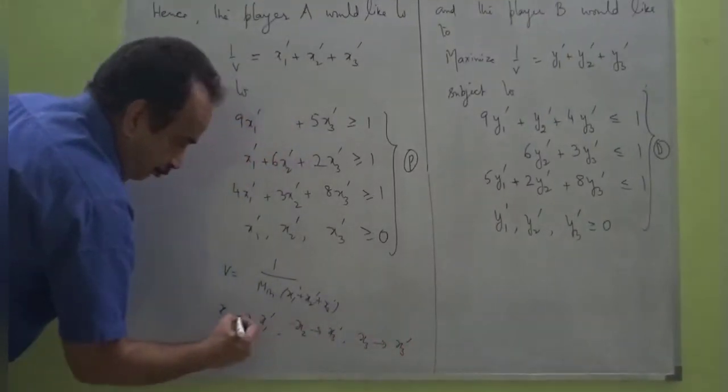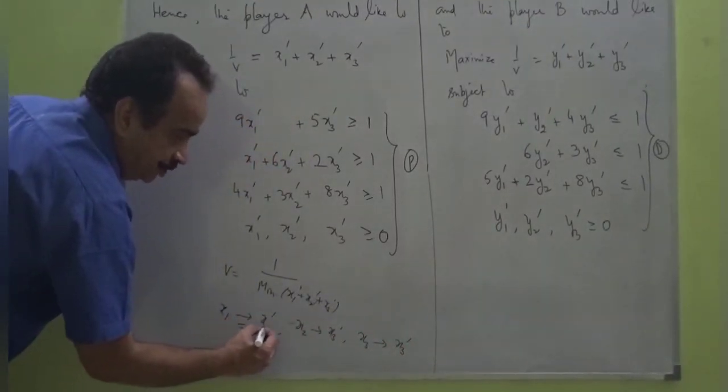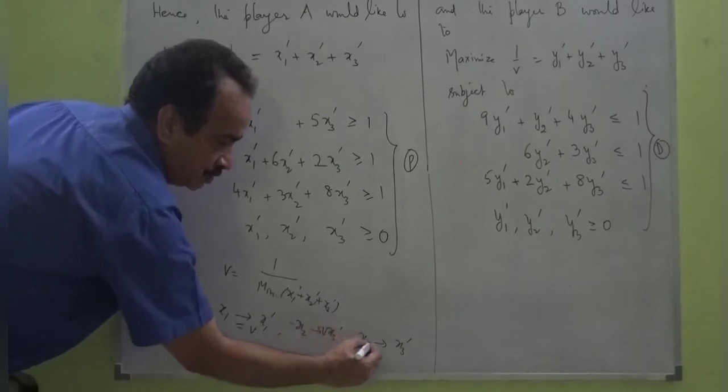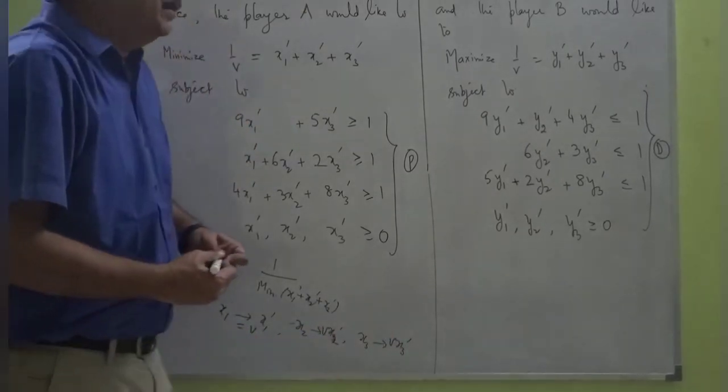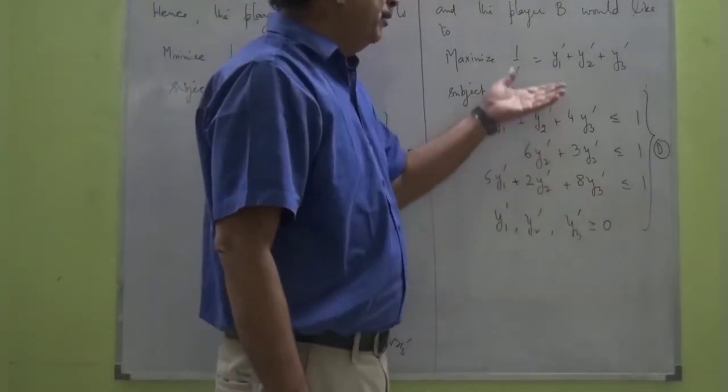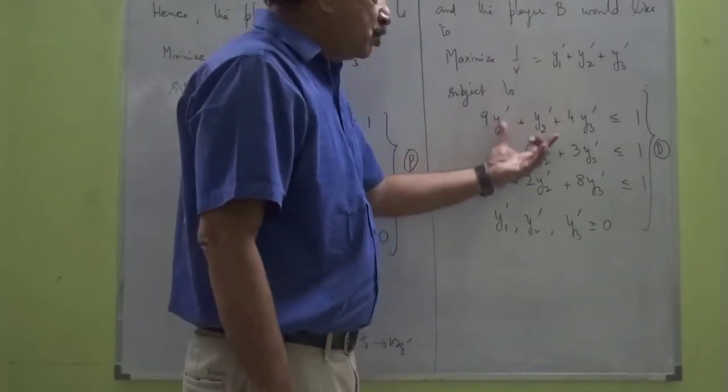In fact, x1 is V into x1 dash, x2 is V into x2 dash, x3 is V into x3 dash.